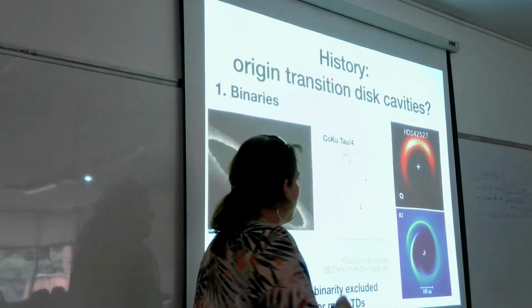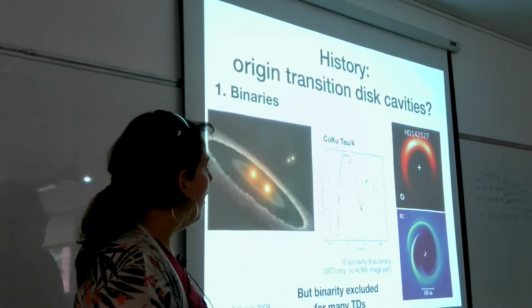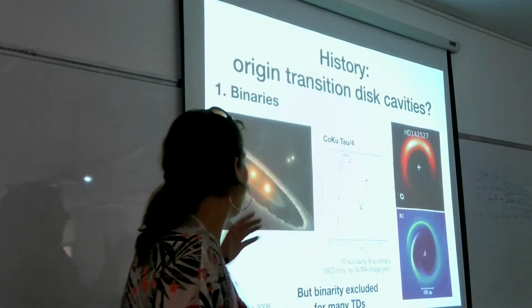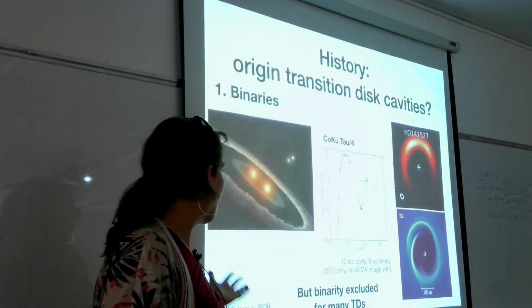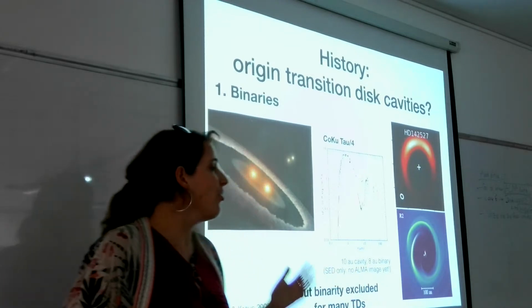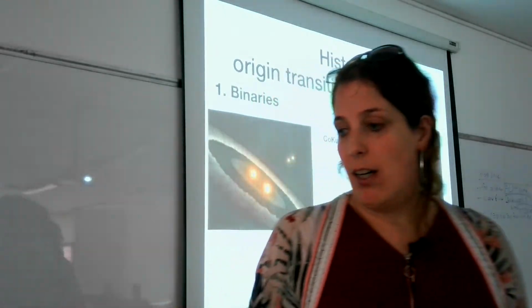Another transition disk, with an even larger cavity, was also found to be binary. So there are at least two cases where the transition disk can be explained by binarity. However, for many other transition disks, binarity has been excluded. So there must be something else carving the gap as well.